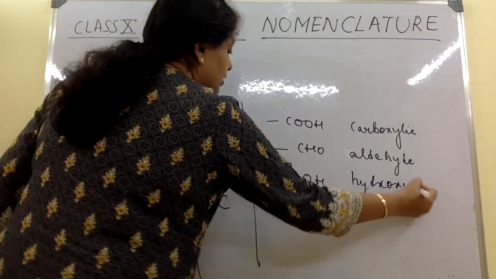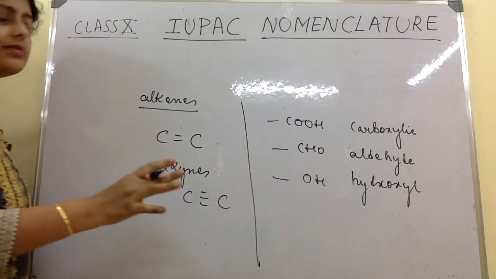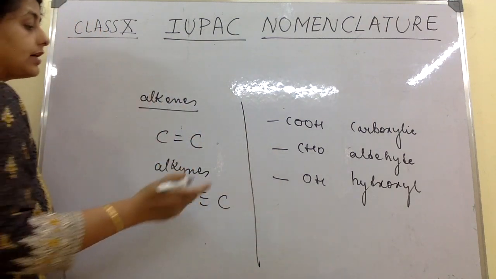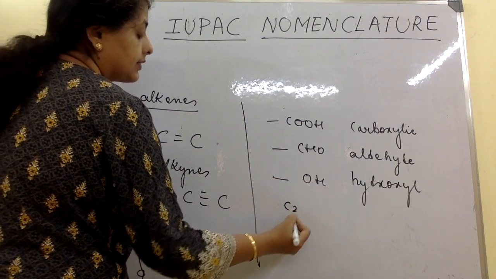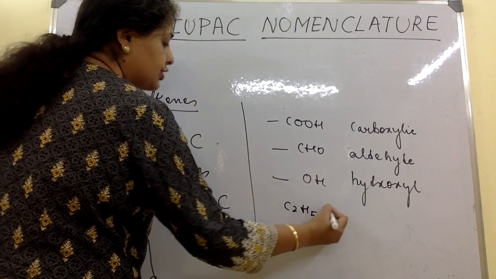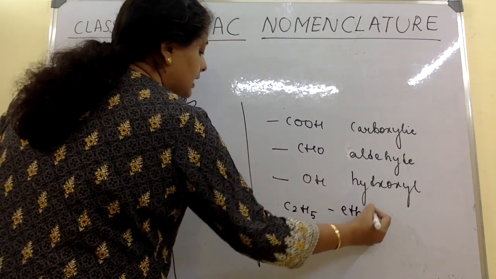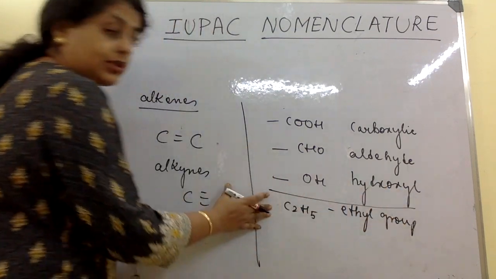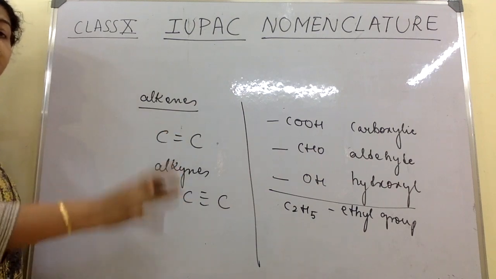I am going to do only the things that are generally asked: hydroxyl, OH. And then we have C2H5, which is the ethyl group. The ethyl group is not a functional group; it is treated as a substituent.